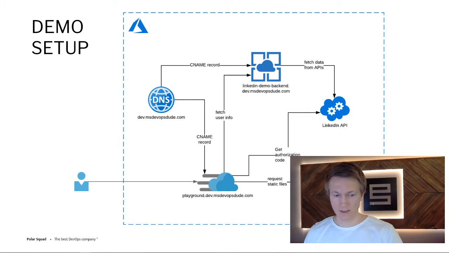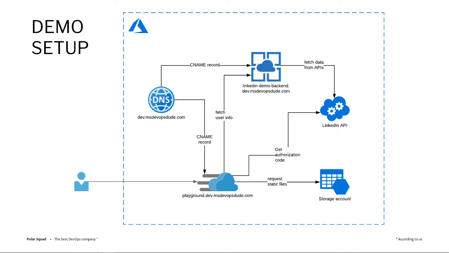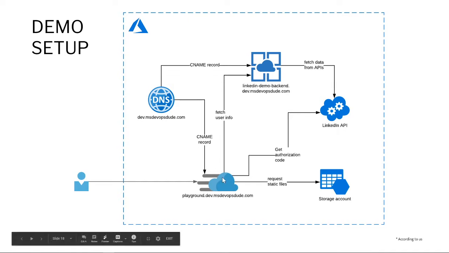All right, then I'm soon jumping into the demo. So in the demo, I have prepared it so that we have a CDN endpoint, of course. I have my own custom CNAME in use.